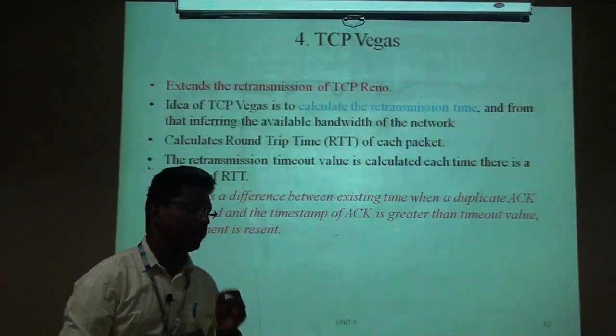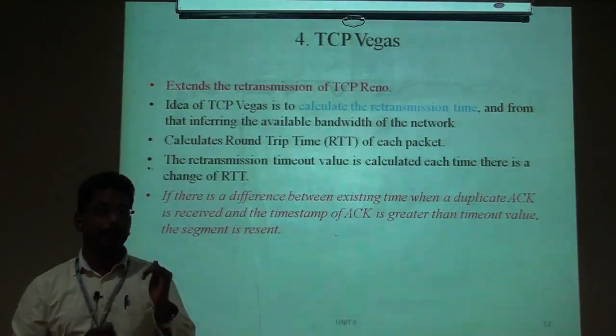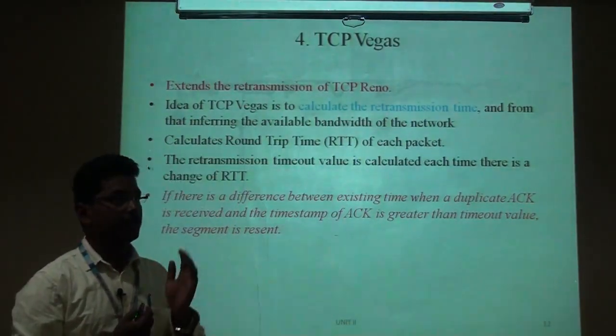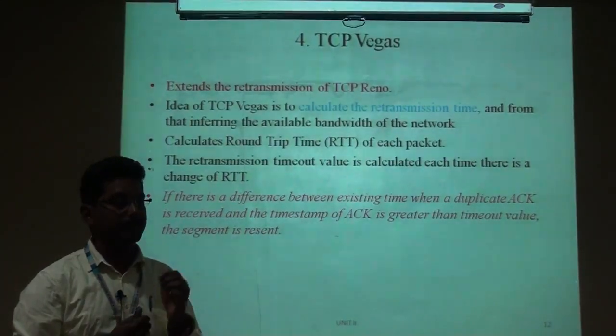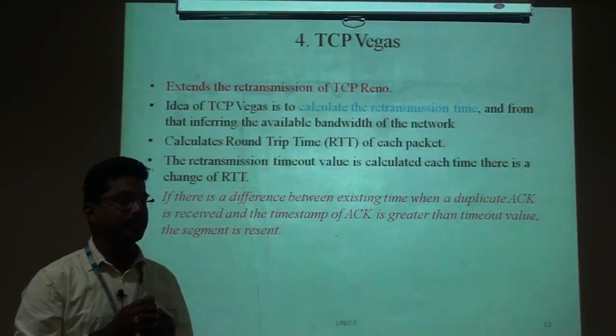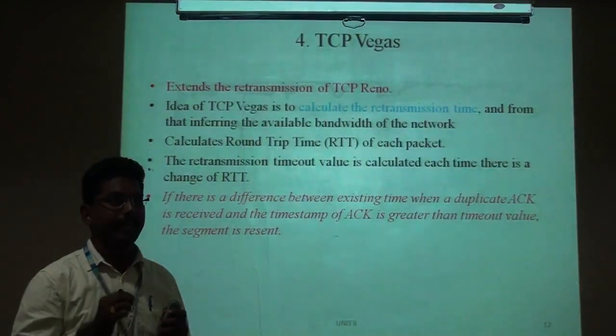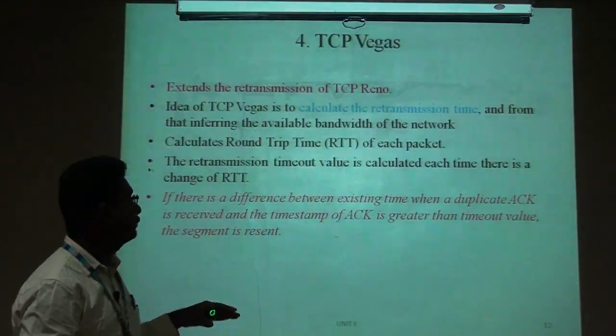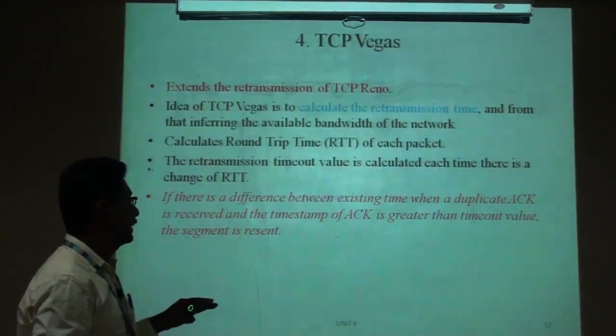The round trip time for each packet is the time between the sender sending the packet to the receiver and the receiver sending the acknowledgement that the specific packet has been received. Based on the round trip time, the retransmission time is calculated.